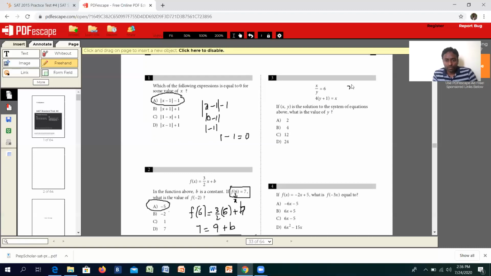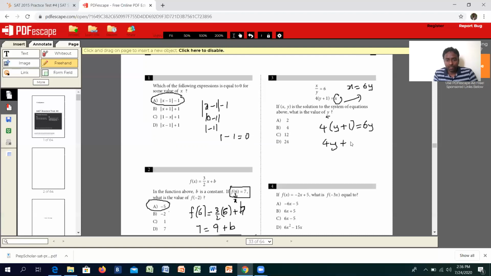So I'm replacing x as 6y, because the answer is in terms of y. We need to work it out and get y. So I'm going to keep that y intact, replacing x as 6y from this relationship that we had.